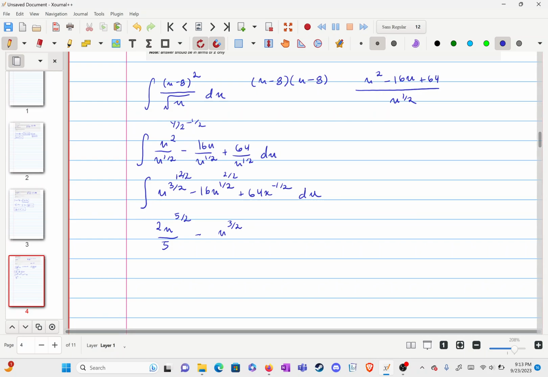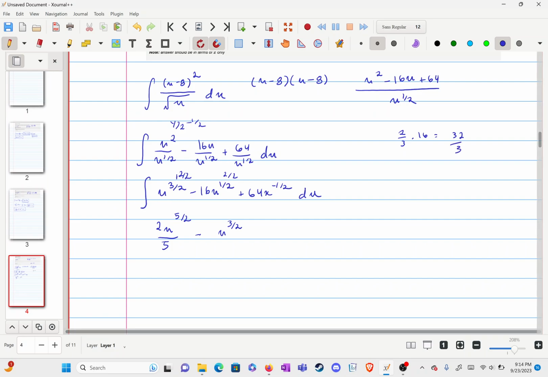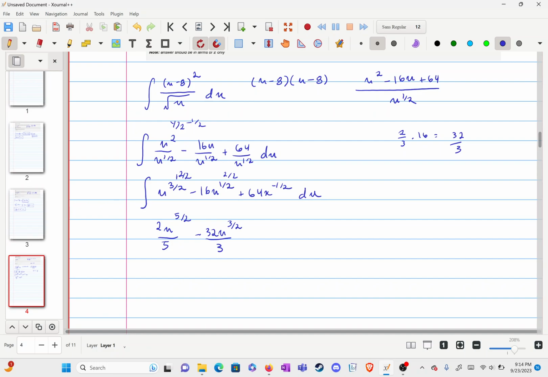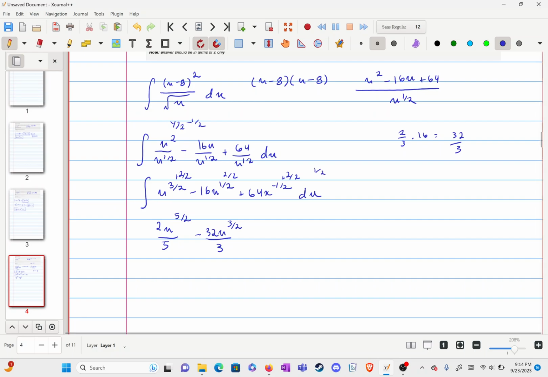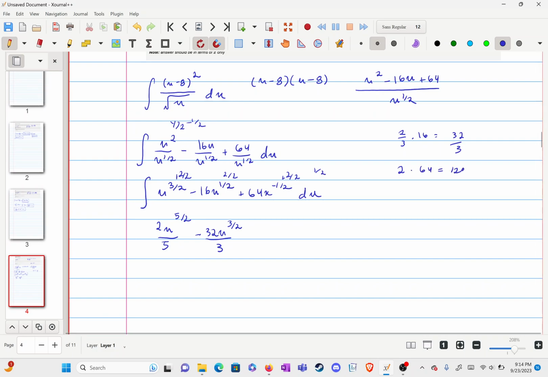We have to multiply by 2 over 3. We're going to do that on the side here: 2 over 3 times 16. That's 32 over 3. So minus 32 over 3. That's that part. Now we got to add 1 to the last exponent, and that's just going to be 1/2. The reciprocal of 1/2 is just 2, times 64 equals 128.